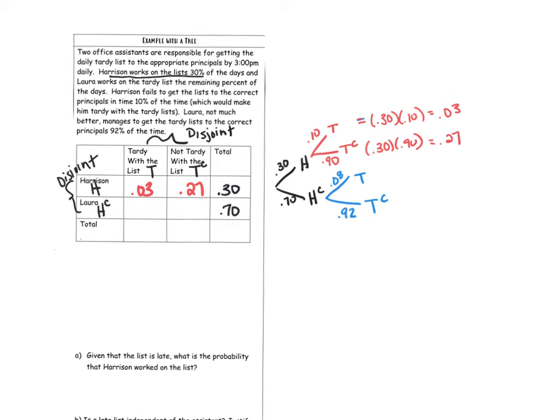So we're going to do the same thing on these two branches here. We're going to multiply the branches across. I get 0.7 times 0.08 and 0.7 times 0.92. I'm going to multiply 0.7 times 0.08, I get 0.056.